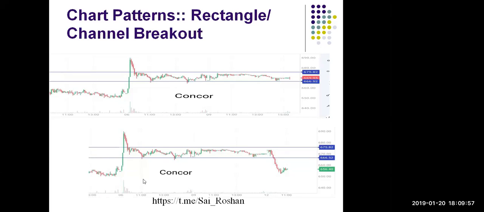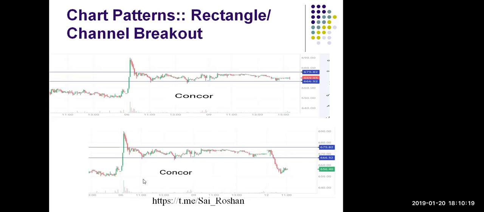Almost the entire day it was moving only in a fixed range. Once it breaks on either side, please keep this in mind, it can break on either side. It can either go up or it can go down. In any of these cases, we expect it to give us good returns.